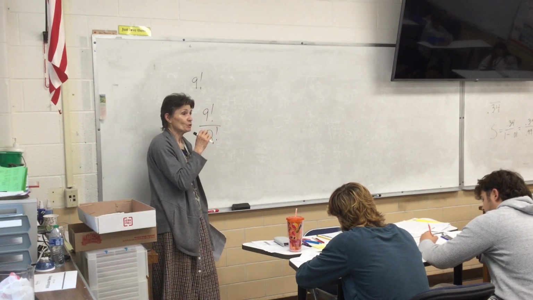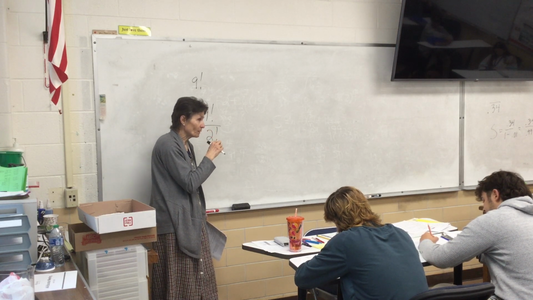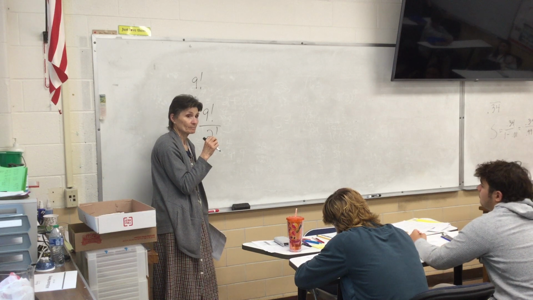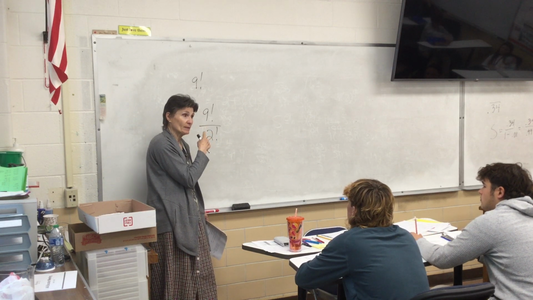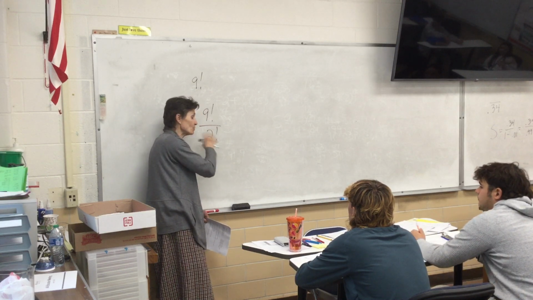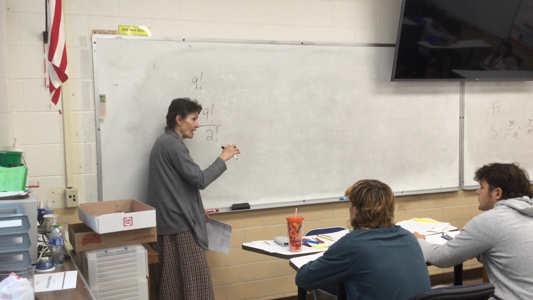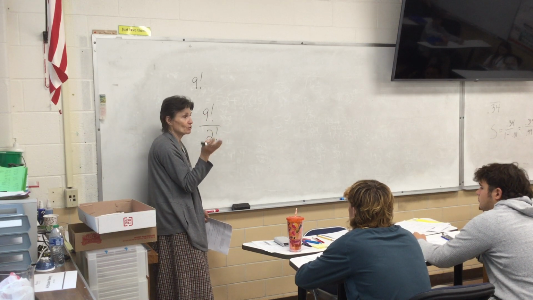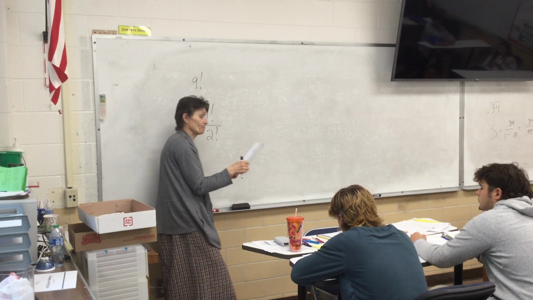When you have duplicates, you divide by the number of duplicates factorial. Okay? And when I type this into my calculator, there is no shortcut. There's no canceling. You cannot do that. It's going to be 9 factorial divided by 2 factorial. Okay? Now look at the next word.